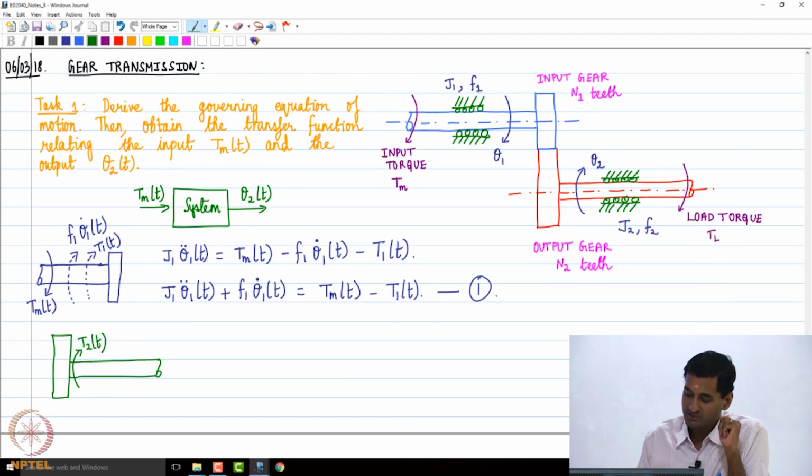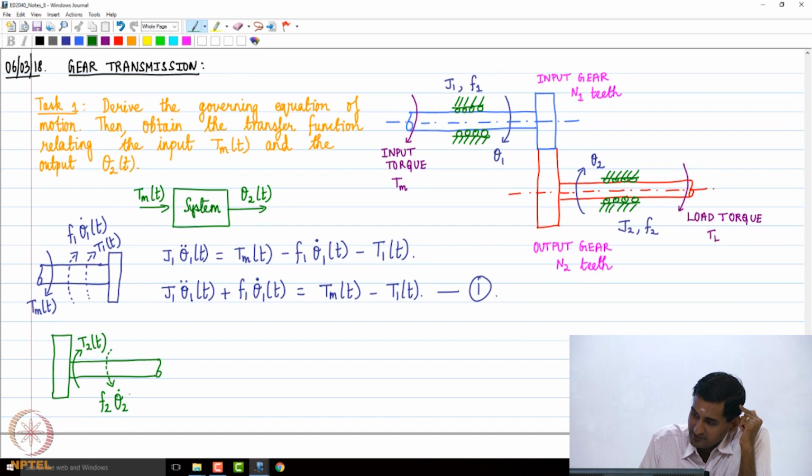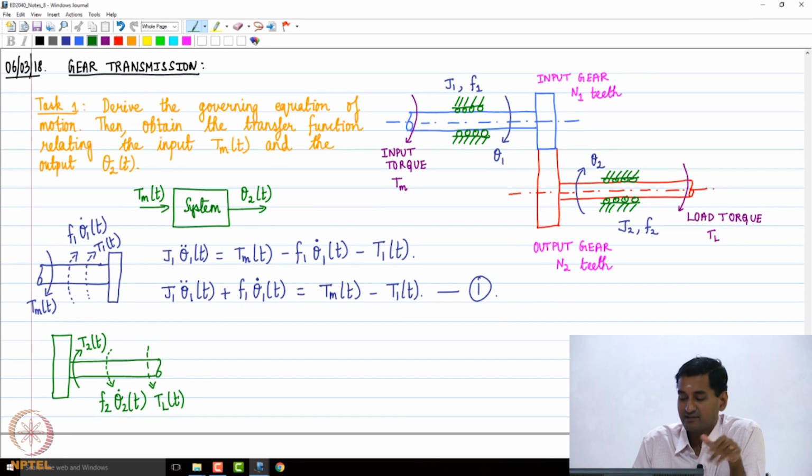So as far as the output shaft is concerned, what are the resisting torques? We are going to have a friction torque F2 times theta 2 dot of t, and of course the load torque, which is going to essentially resist the motion of the output shaft, right? So that's going to be another thing.